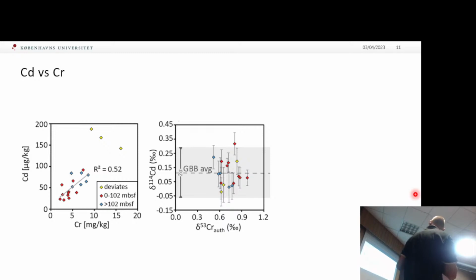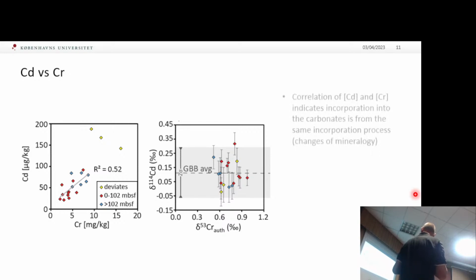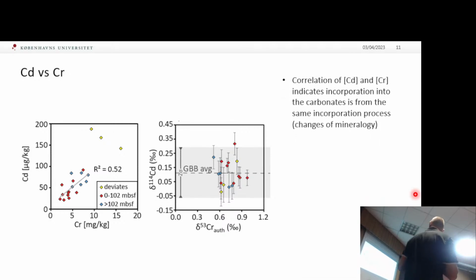So then we also tested the cadmium versus chromium, and the chromium data was from a previous study by Kleve et al. And we have a correlation between chromium and cadmium in the aragonite and calcite samples.